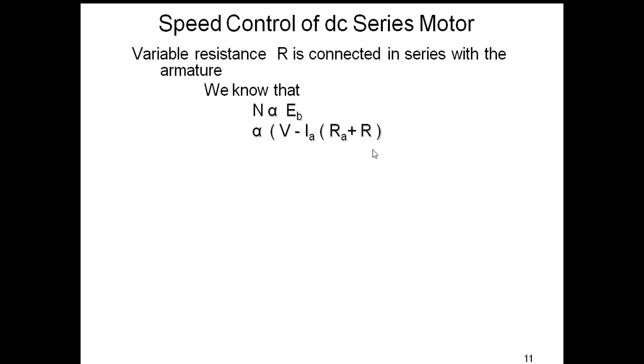Here in this circuit we have inserted an additional resistance R. So the back EMF equation will become EB is equal to V minus IA into (RA plus R).